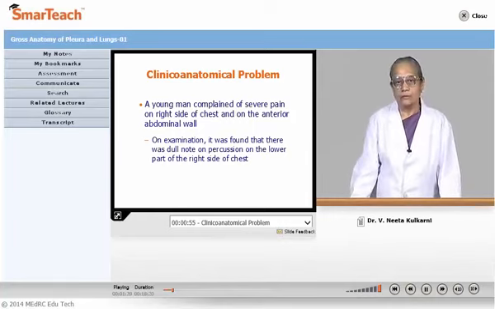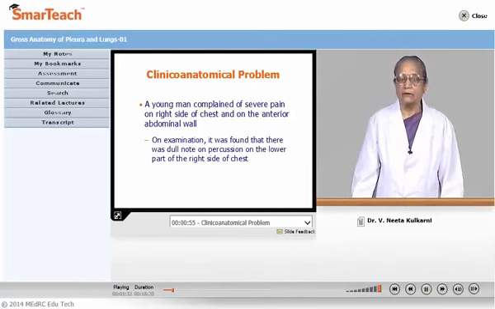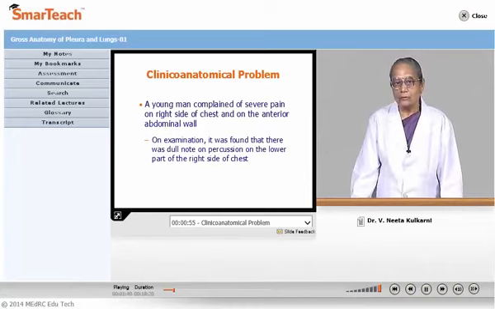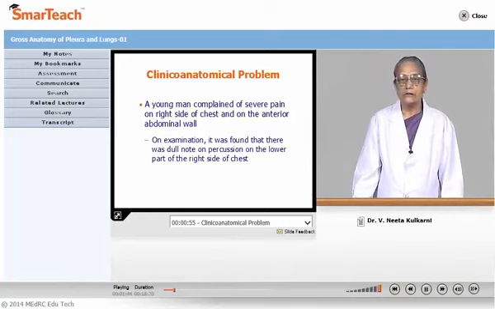Now, imagine a young man who comes to a doctor with a complaint of chest pain, let us say on the right side, and on examination, the doctor finds that there is a dull note on percussion in the lower part of the right side of the chest.